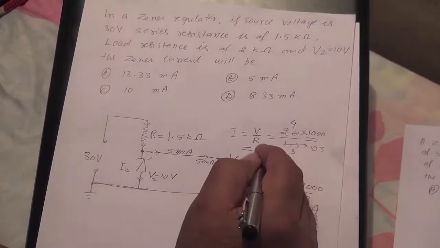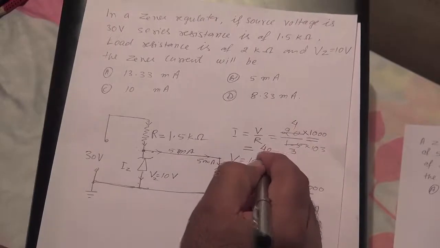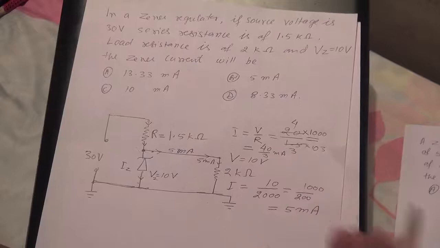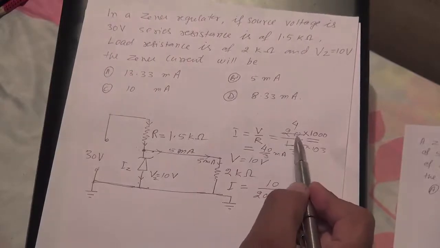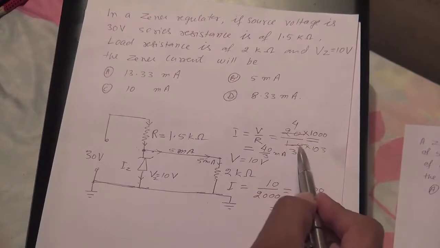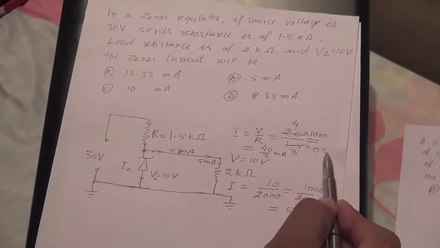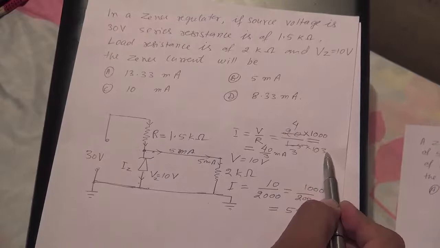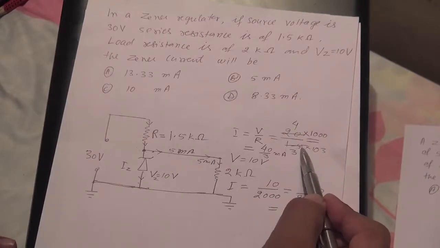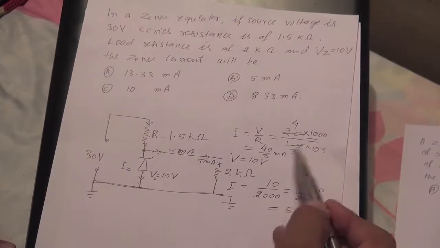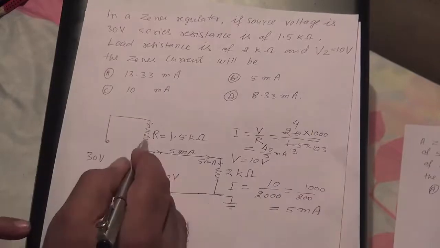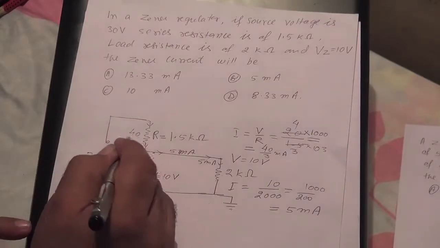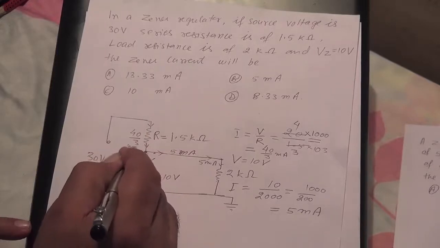This is 40 upon 3 milliampere. Right? Again, V is equal to 20 volt, R is equal to 1.5 into 10 to the power 3. So our answer is 20 upon 1.5, which is equal to 40 upon 3 milliampere. So the current here is 40 upon 3 milliampere.